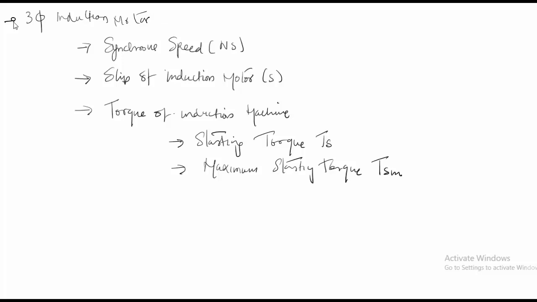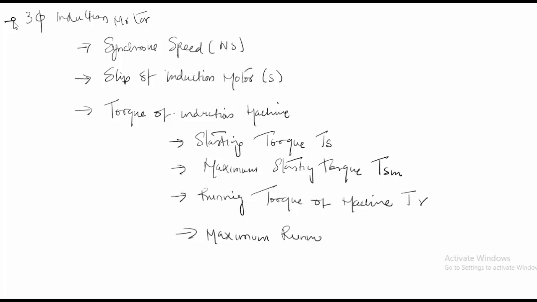And then I will talk about a lecture or numerical about finding the running torque of the machine. So the running torque can be given by Tr, and the maximum running torque, which can be given by Trm.